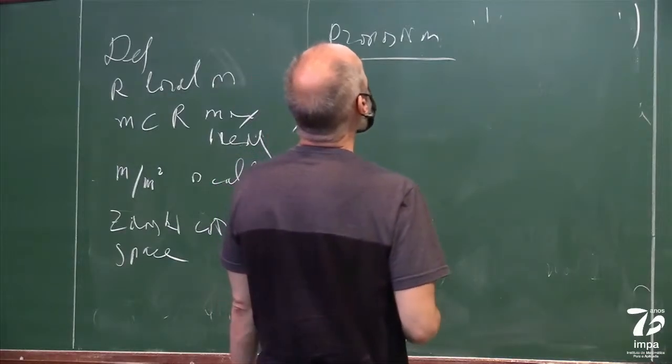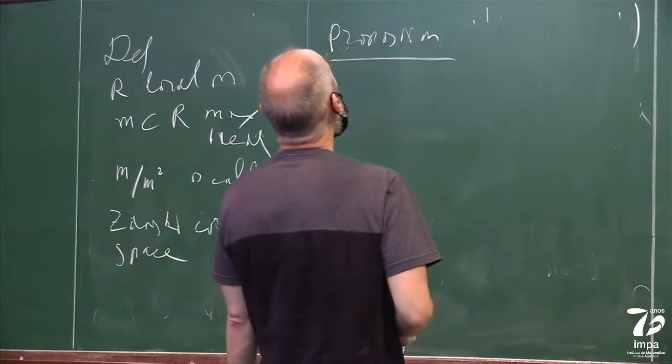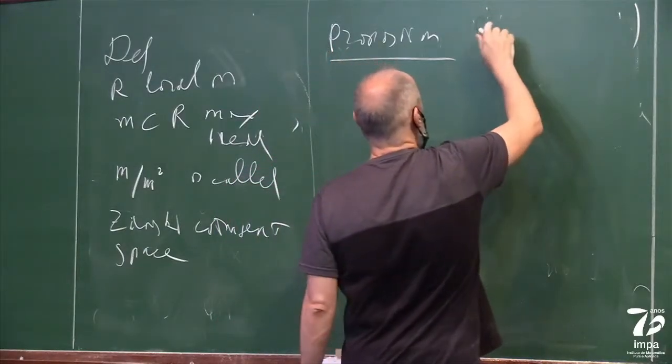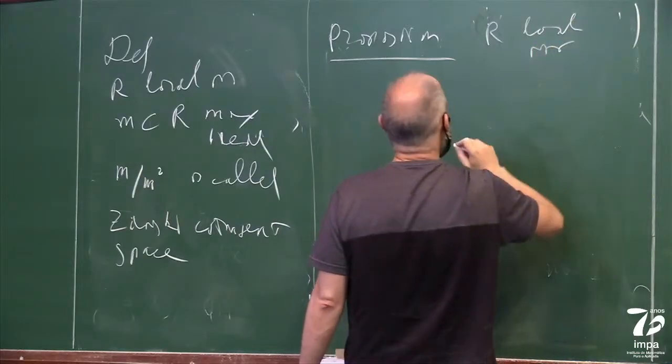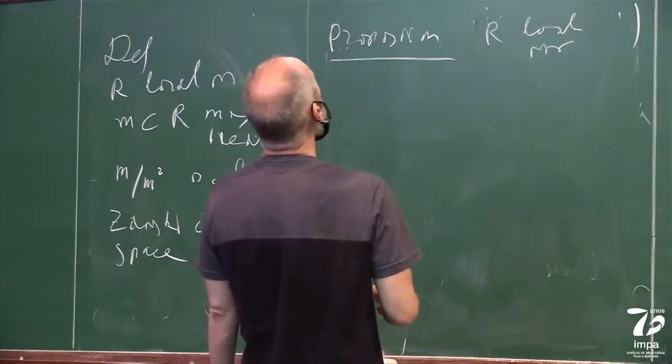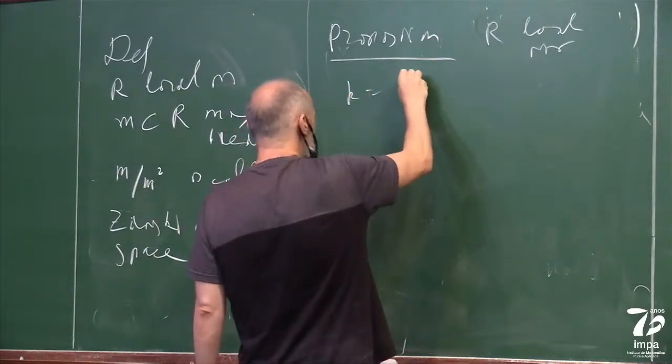You have R a local ring, and K is the residue field.